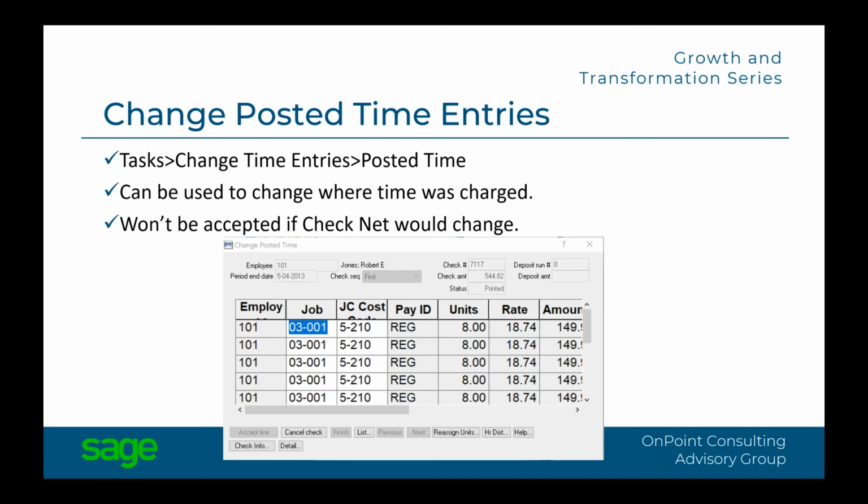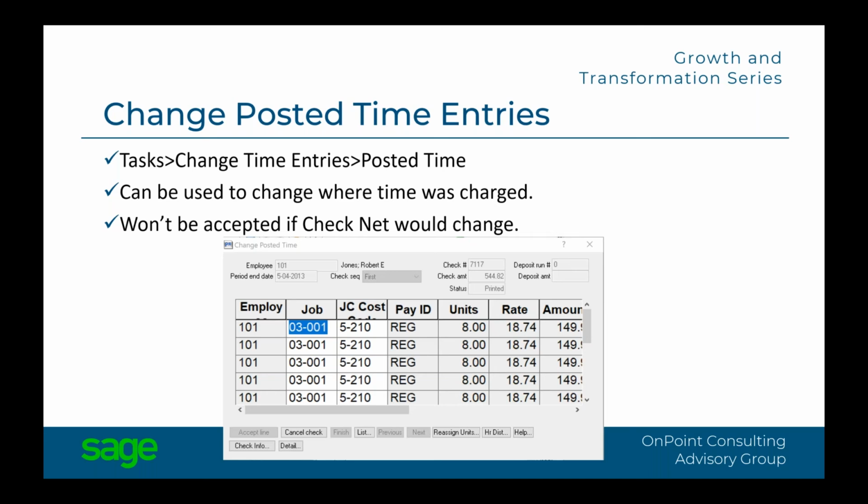Maybe the other job is a certified job, and instead of getting paid the $18.74 an hour, he might be getting $25 an hour. You can't use it in those instances, because you're not actually voiding this check, you're just changing where it was coded to.